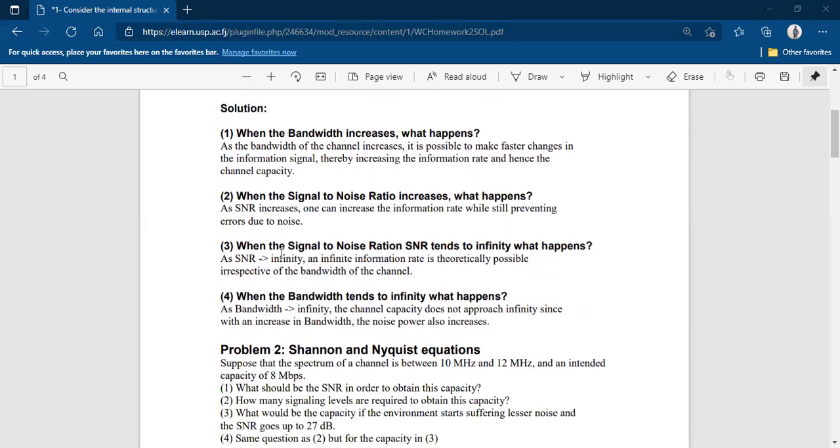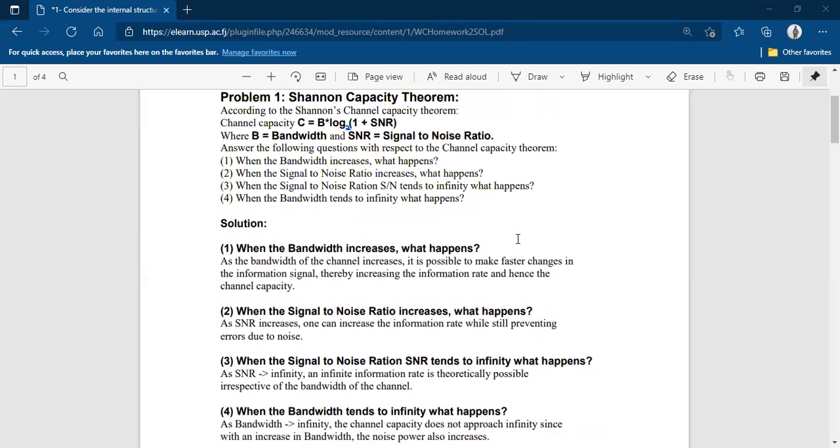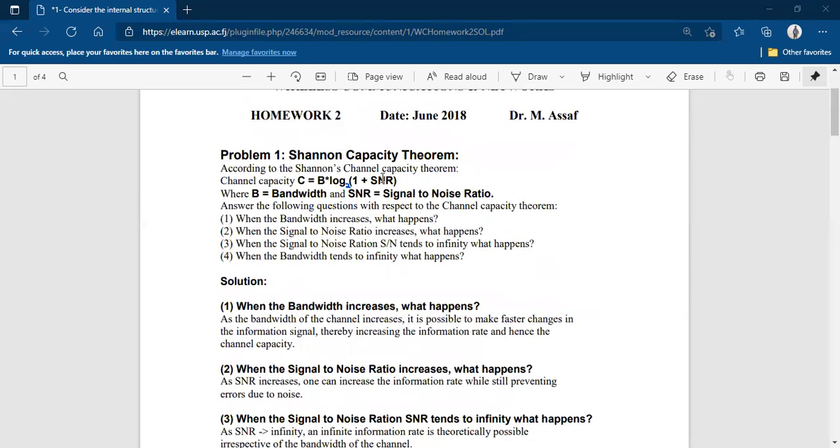3, when the SNR tends to infinity, what happens? If you look at this formula, it is a log of base 2, so we are taking the log of an SNR value.